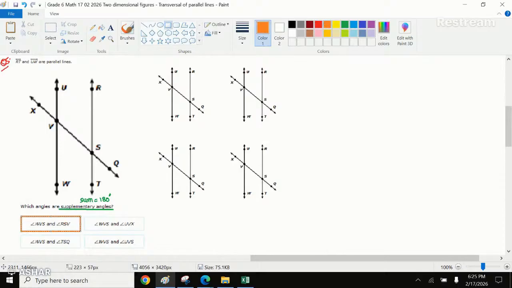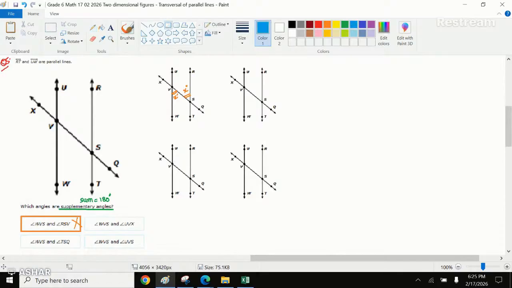The first one says WVS, this angle, and RSB. They're not supplementary, they're exactly the same. If this angle was x degrees, then this would be x degrees, right? They are the same angles, so they cannot be supplementary.